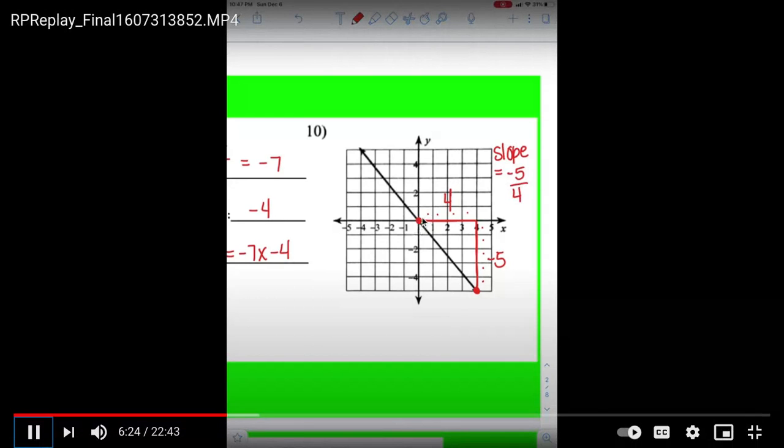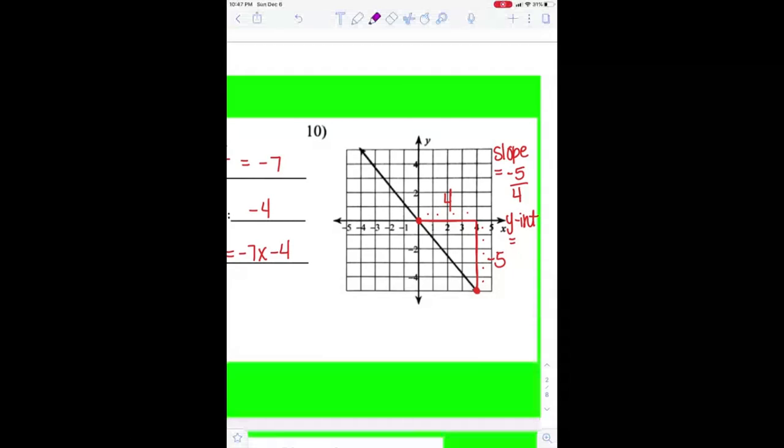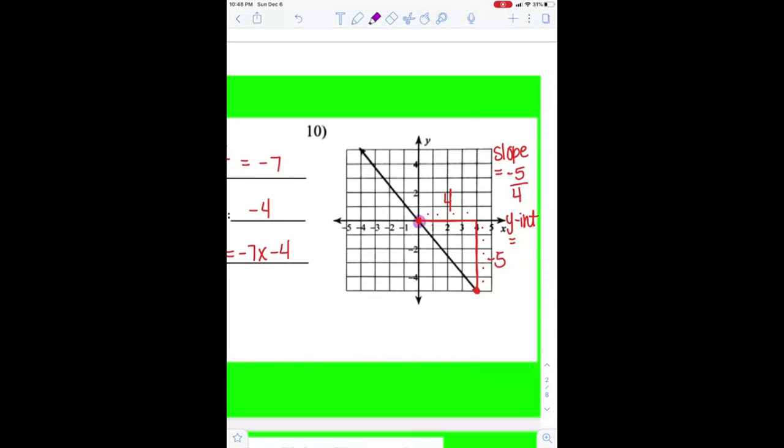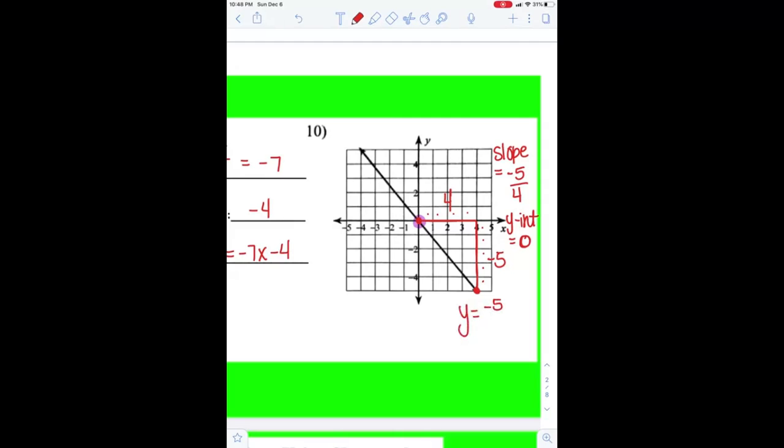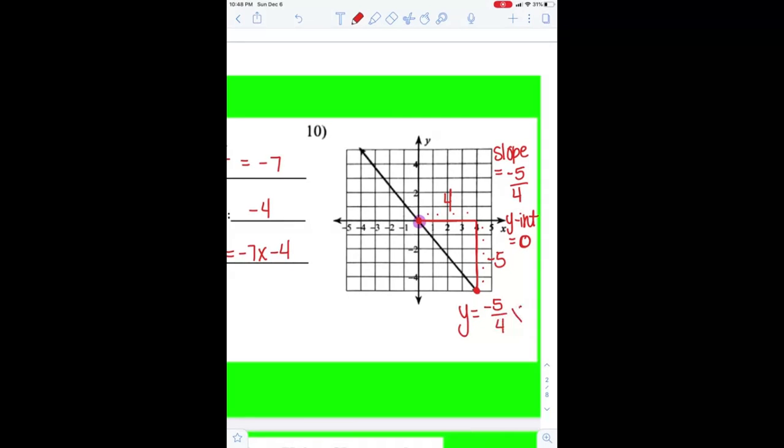And our y-intercept is right here at (0, 0). So that means my y-intercept is equal to 0. So my equation is going to be y equals -5 over 4 x.